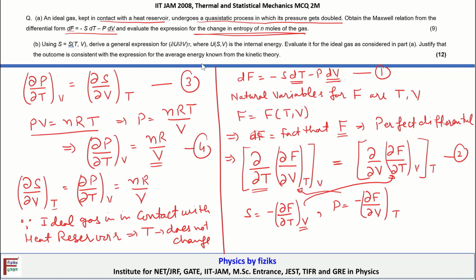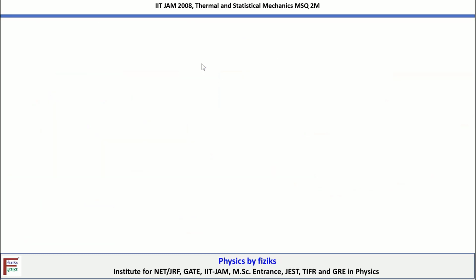If that is the case, we can write this equation. I'm talking about this equation. Let me go to the next page. I can write this equation as dS equal to nR dV by V.